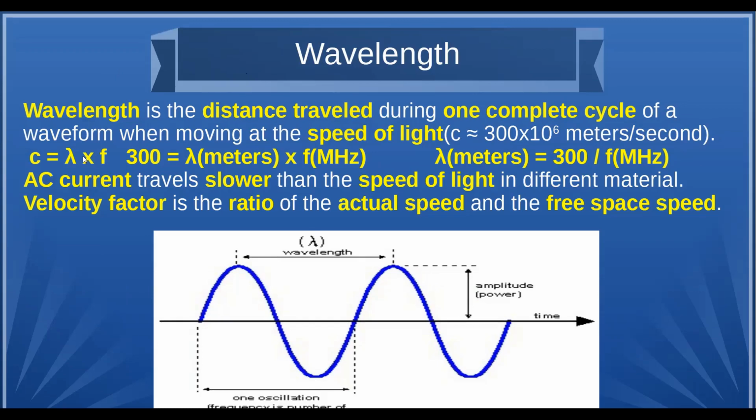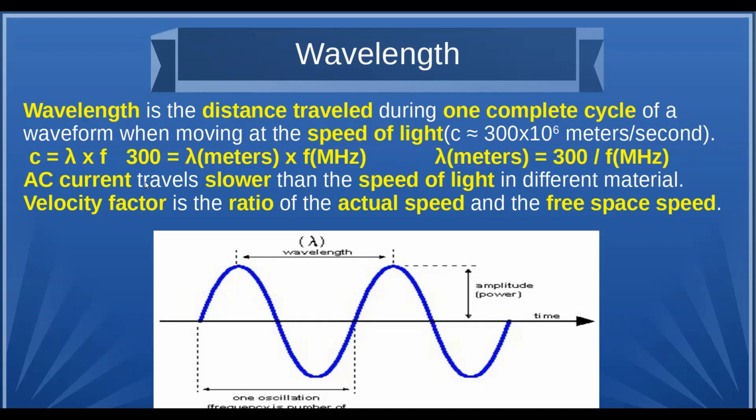So you get the formula that the speed of light, which is a constant, and we use 300 to make it easier, is equal to the wavelength in meters times the frequency in megahertz. The reason we use megahertz is so we can cancel out the 300 million meters per second. So in megahertz, let's just use the number 300 instead of 300 million. It just makes it easier to do the manipulation.